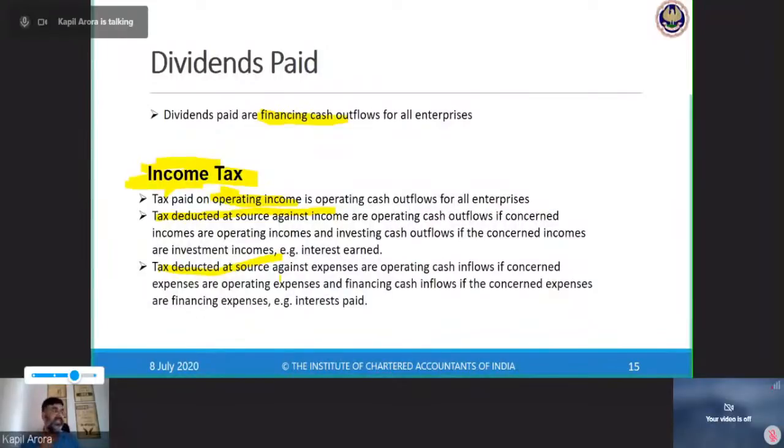It should not be that 100 rupees I have received as interest and 10 rupees has been deducted by the bank as TDS, so I show 90 in my books. I should show 100 interest and 10 TDS, both separate. Hope this is okay with everyone.